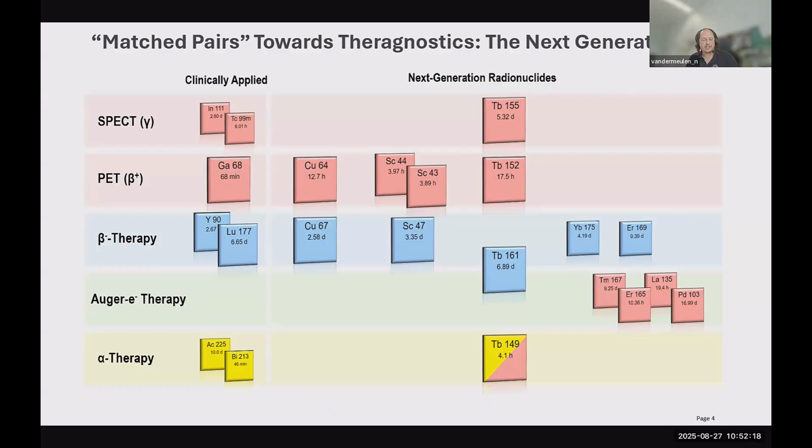I know this was covered with the generator, I think, yesterday morning, to be able to go along and do the imaging. And then currently one is treating using the likes of lutetium-177 and yttrium-90 using beta therapy, and to a degree even actinium-225 with alpha therapy, although this is still something that is coming through to the fore.